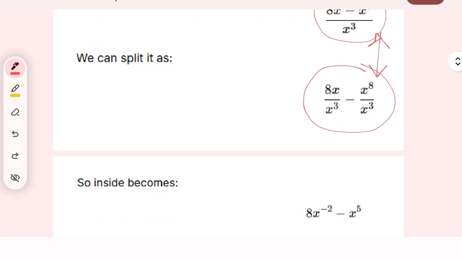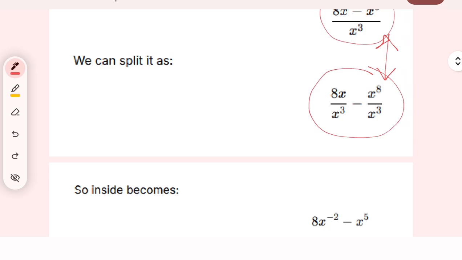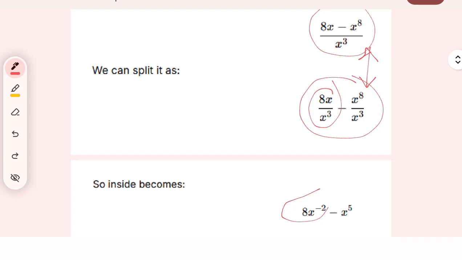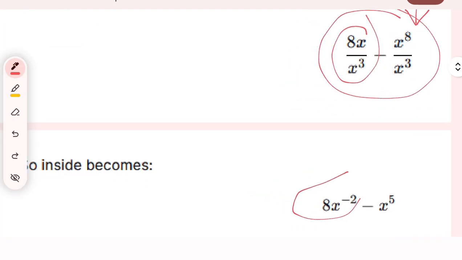Once we simplify it like that, we can cancel out some of the terms. In the first one, we can cancel out one of the x's. What is left is 8 over x squared, or 8x to the minus 2, because we canceled one of the x.